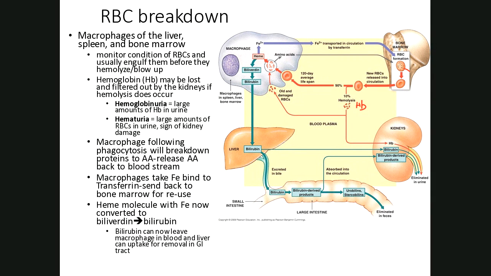All right, so that's kind of what this slide is trying to show you. Most of our red blood cells, they live for 120 days. They go to the liver, they go to the spleen.